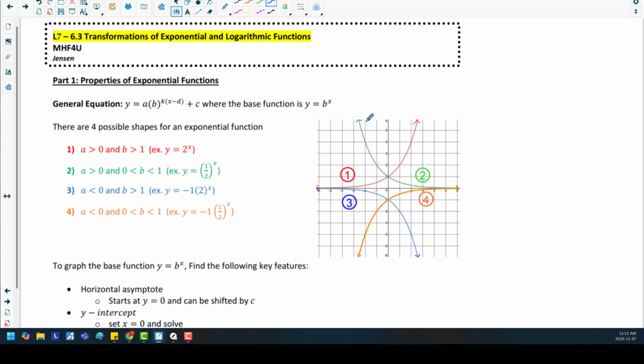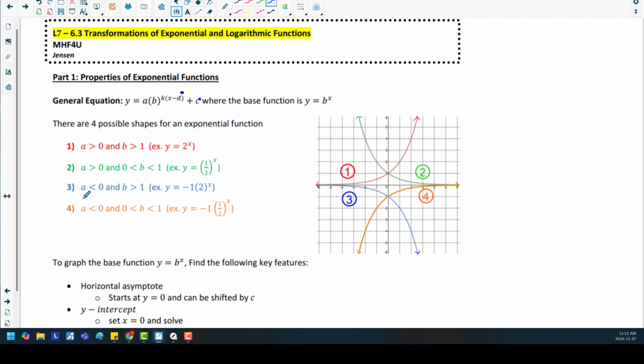That is the function represented by this green graph here. You can see it's going down, down, down, and it has a horizontal asymptote at y equals 0. And if you remember correctly, your asymptotes are affected by one of these values. We're going to get into that.